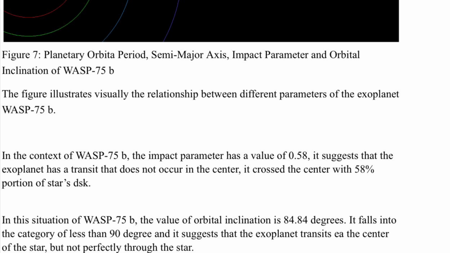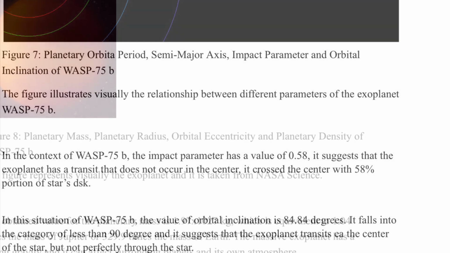When the orbital inclination is much less than 90 degrees, the exoplanet does not transit. In the situation of WASP-75b, the value of the orbital inclination is 84.84 degrees. It falls into the category of less than 90 degrees, and it suggests that the exoplanet transits near the center of the star, but not perfectly through it.